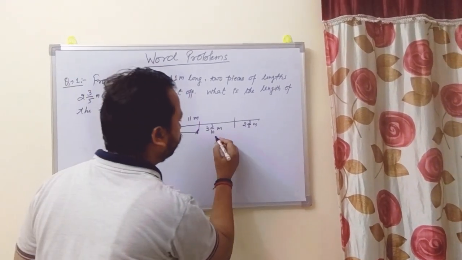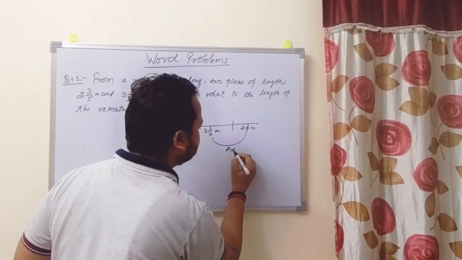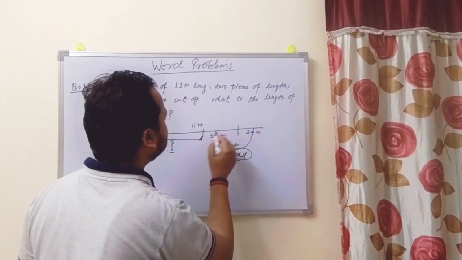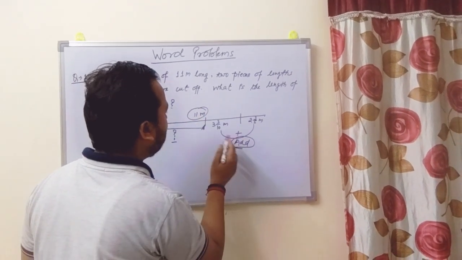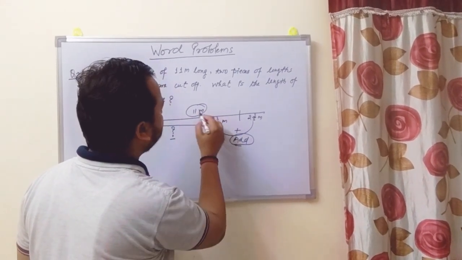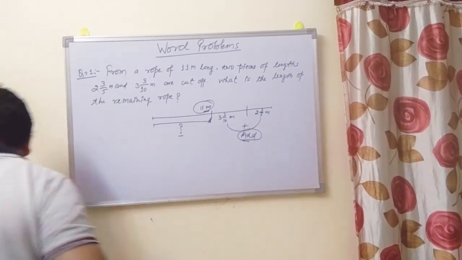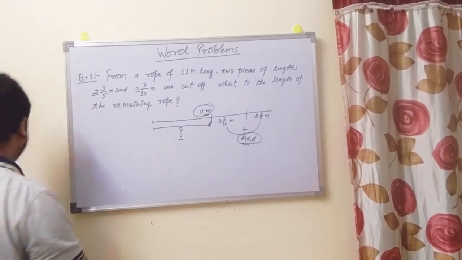So what you have to do, you have to add both of these and subtract this addition part from 11 meters, right? So let's do it.